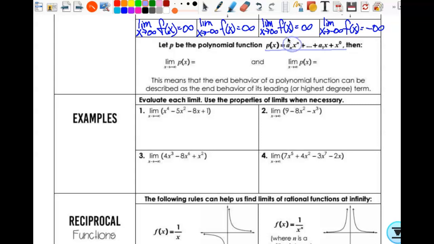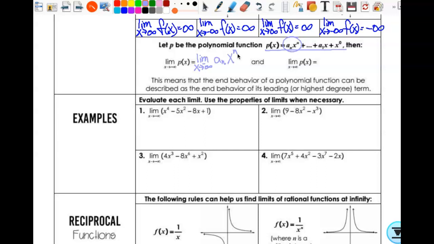So the limit of this entire polynomial, no matter what it is, is equal to the limit, so I'm rewriting the limit statement, as x approaches negative infinity. I'm just rewriting what was there. So the limit of the whole thing is equal to just the limit of the leading term. If it was 3x squared plus 2x plus 7, I would just care about 3x squared, then I treat it like my power ones.